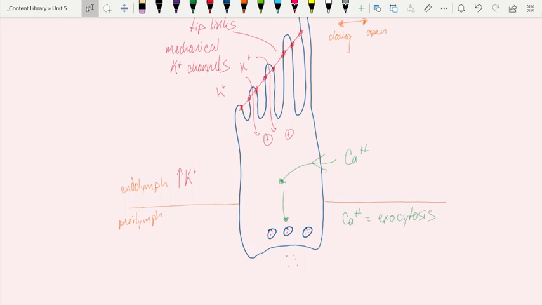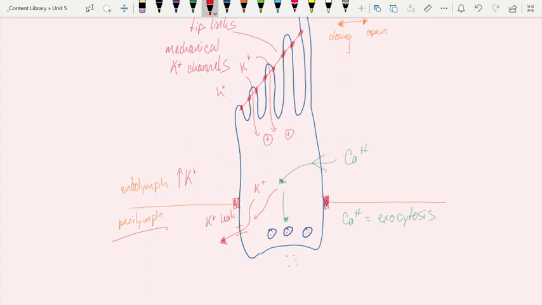But the second thing that calcium does is it triggers here the opening of essentially a potassium leak channel. And when this opens, all the potassium that came into the cell from the top, now what does it do? It has a desire to leave. Why? Because the bottom of the cell is embedded in perilymph. There are tight junctions here that keep this cell isolated top to bottom.